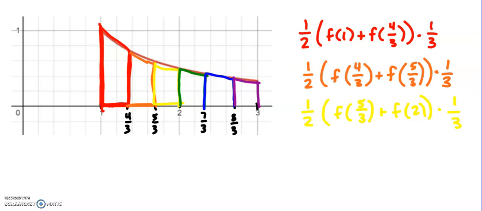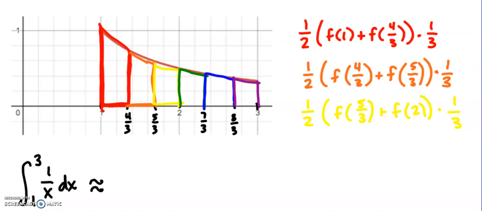And then I want you to find the approximated area. So the integral from 1 to 3 of 1 over x dx is approximately what? Okay, so pause your video, do some number crunching in your calculator, and see if you can get all 6 trapezoids with the correct answer. We'll compare in just a minute.